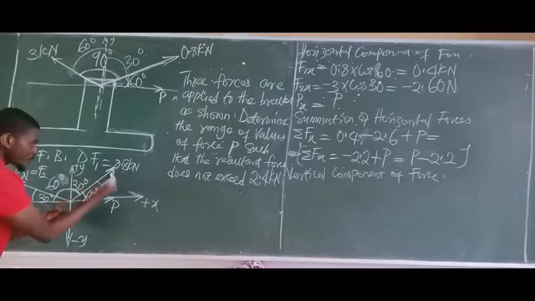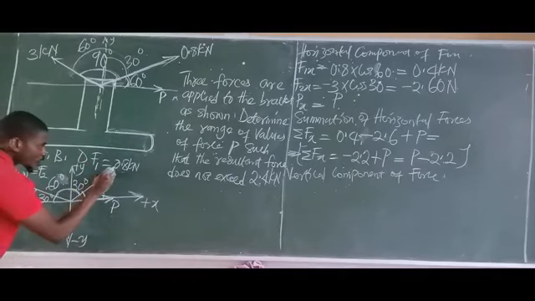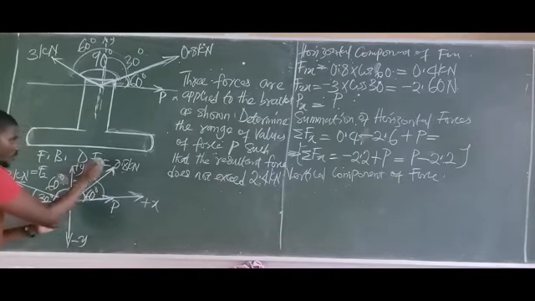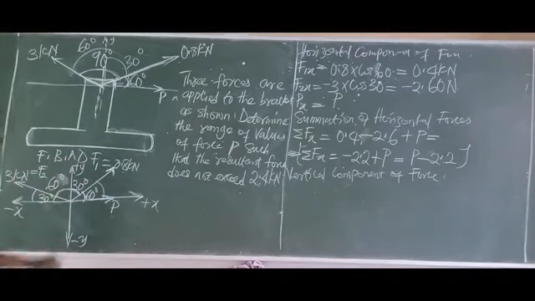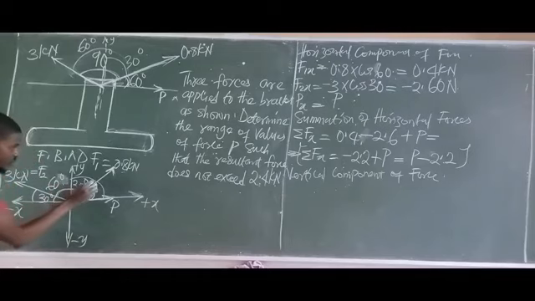If I pull this force to meet this vertical line, observe the direction of this arrow. This arrow points upward, so it is positive. And it moves all the way from here to this point, covering this angle 30 degrees. So it covers 30 degrees and it points upward, so it's positive.